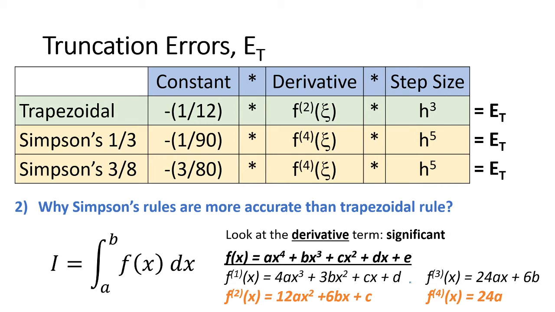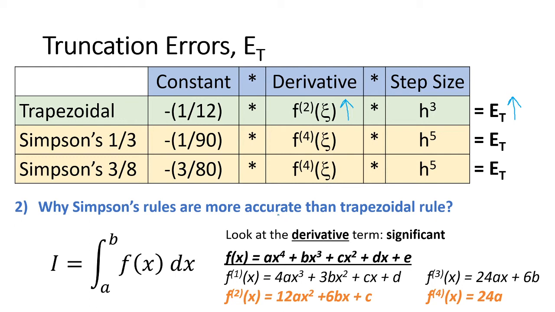Therefore, we know that if we substitute the value of x into the second order and the fourth order derivative, the numerical value for the second order derivative is definitely higher than the fourth order derivative. Okay, so if this has a higher value, as we multiply, we know that the truncation error will also be larger. So this is what we can tell from the truncation error based on the derivative terms.